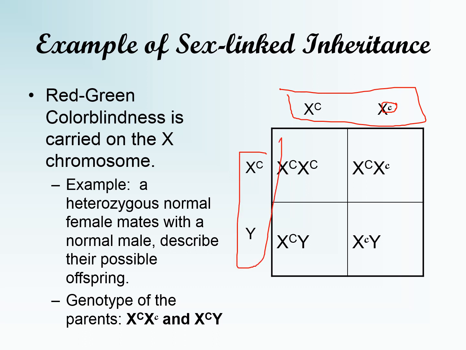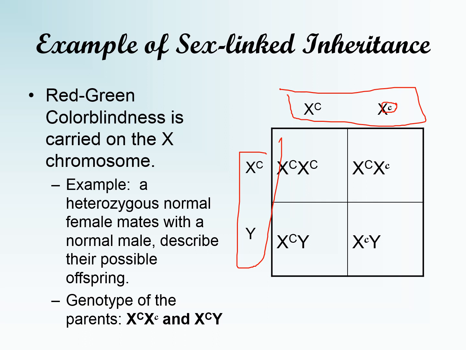So when we figure out sex-linked inheritance, guys, what I do to make it a little bit easier is I always cross the sex chromosomes first. So the first thing I do in the boxes is, for example, cross big X and big X, put that in the box. So we're going to have a female. Cross big X, here's another female.